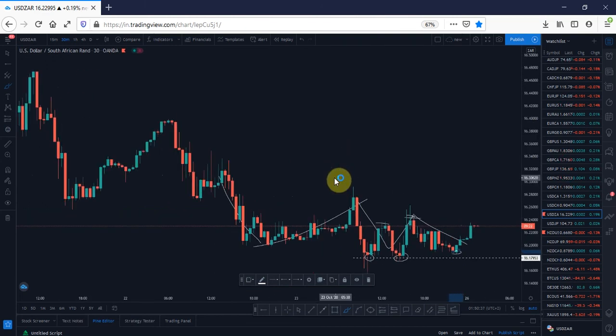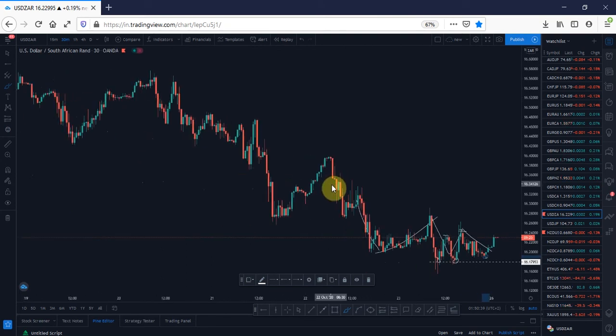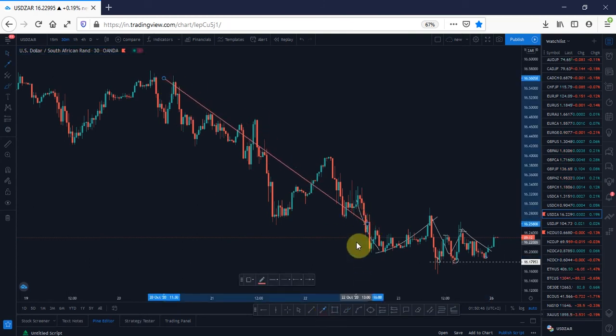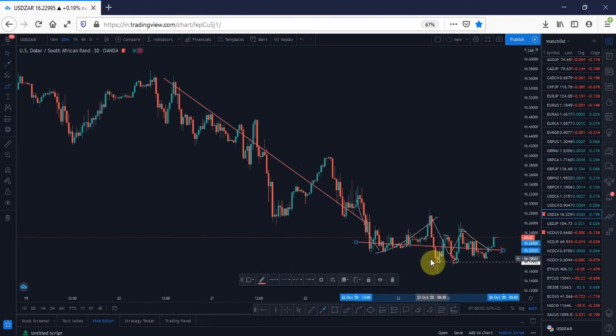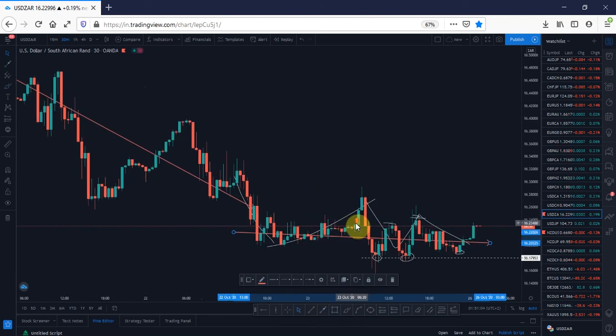And in terms of market strength, you can see that here the market was moving aggressively, but then all of a sudden here it started to slow down and go in a horizontal form, which is a sign of decrease in strength, meaning here it was stronger and here it is a bit weaker. So it is a sign that the market is about to go to the opposite side.